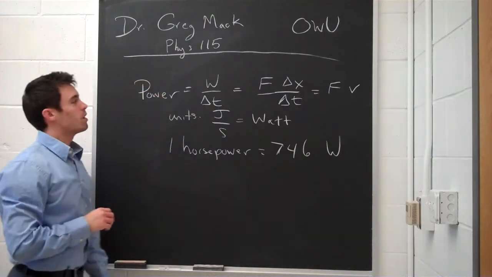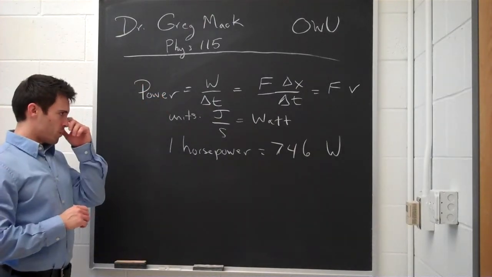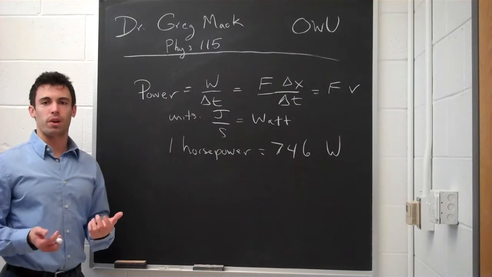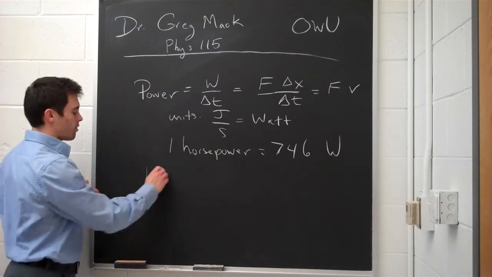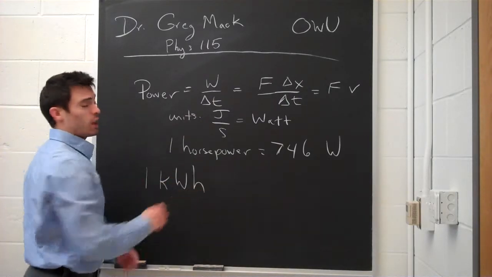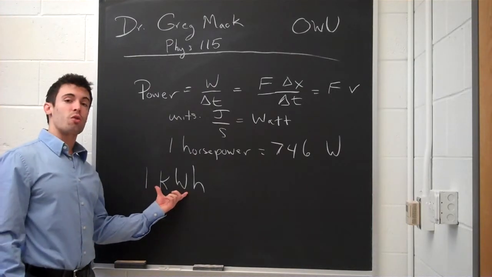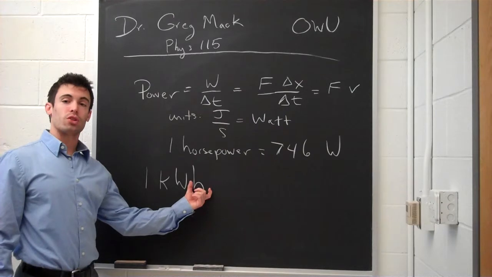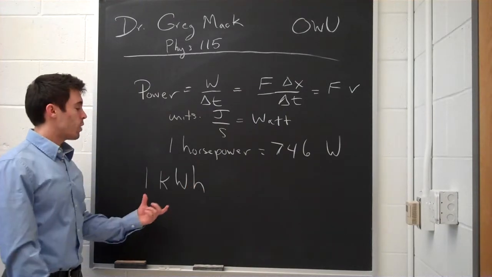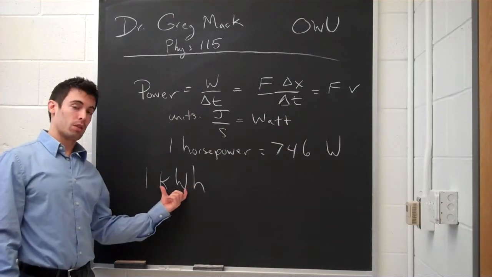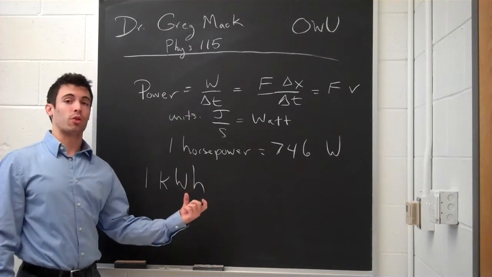Okay. So the other thing that I mentioned with regard to this is that electric bills, electric power generation, is often measured in terms of kilowatt hours, which is the amount of power that you have times the amount of time that you're using it. Because if you have the amount of power times the time, that gives you the total energy.